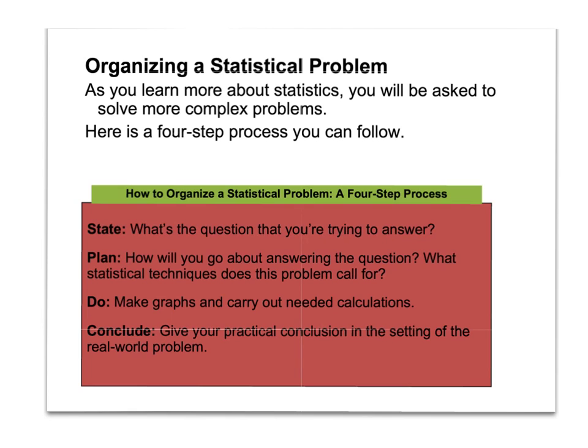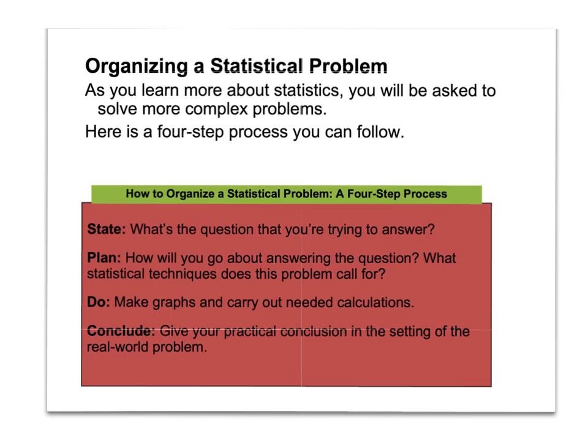The first step is to state: what is the question trying to answer? Put it in your own words, put it in context, tell me what is being asked of you. Plan: how will you go about answering the questions? What statistical techniques does this problem call for? What criteria have to be met to be able to put your plan into action, to actually do it?